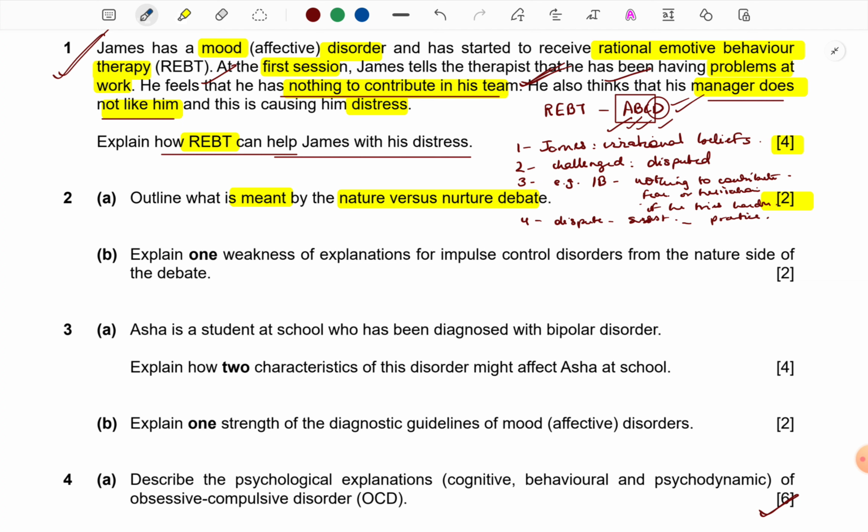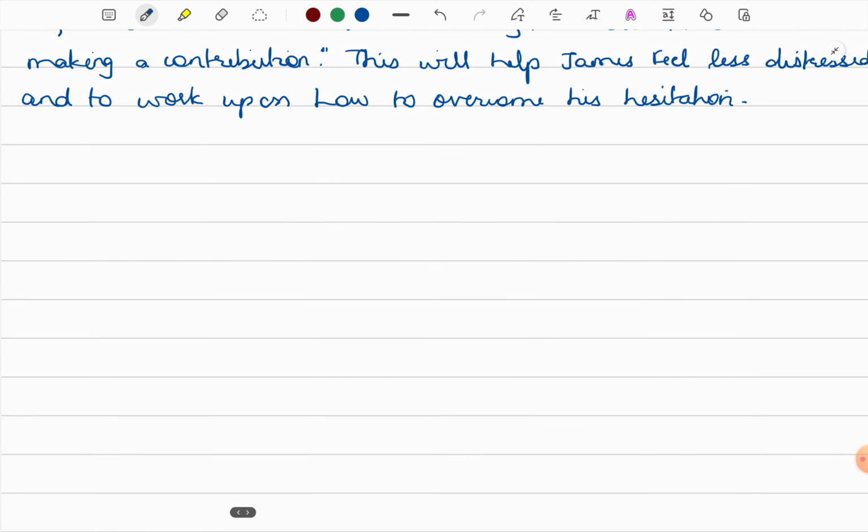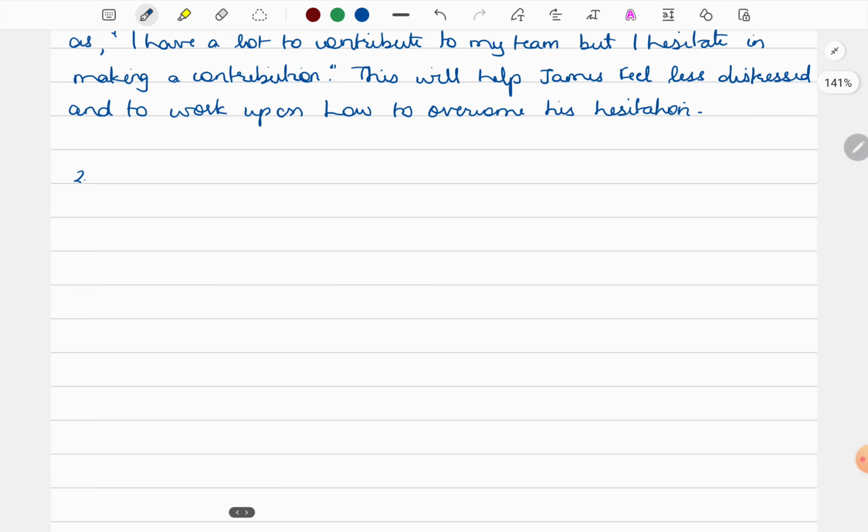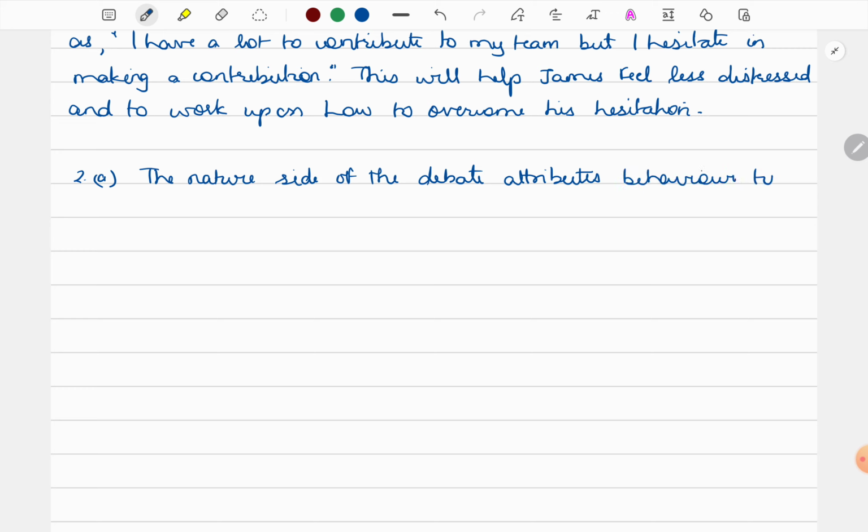Okay, so how we can answer this is, 2A. The nature side of the debate attributes behavior to inherited characteristics like genes.